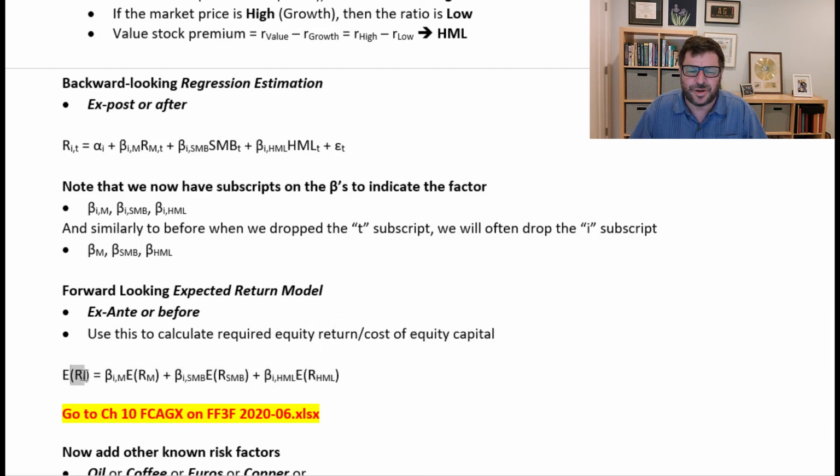And I can get a much better indication of how much investors need to earn from investing in a stock. I can get a much better indication of the cost of capital to a firm, or I can get a better indication of what something might earn going forward. And so we'll go to the spreadsheet and we'll look at some calculations.